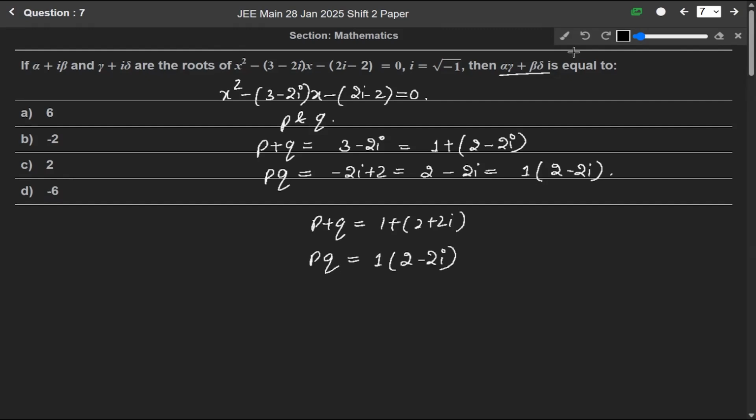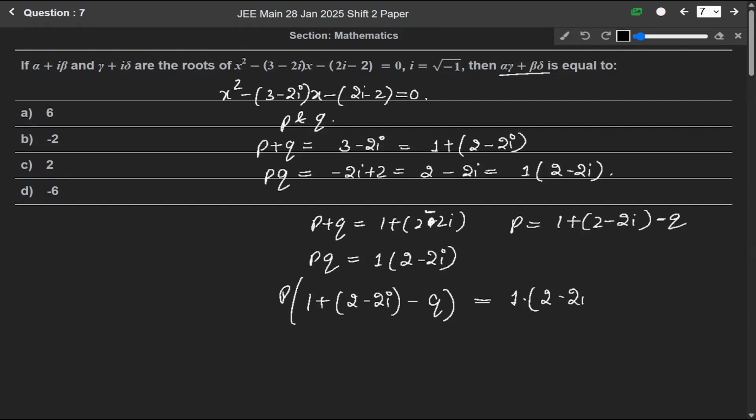So when we solve it, p will be equal to 1 plus 2 minus 2i minus q, and putting this value here, 1 plus 2 minus 2i minus q, it will be equal to 1 into 2 minus 2i.